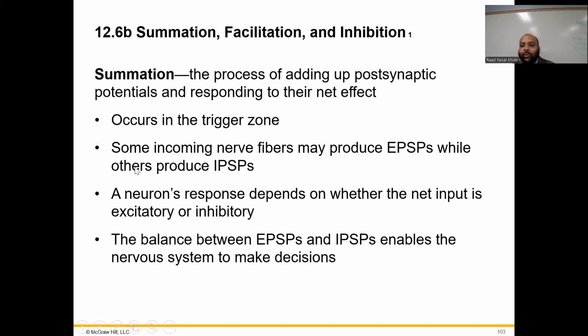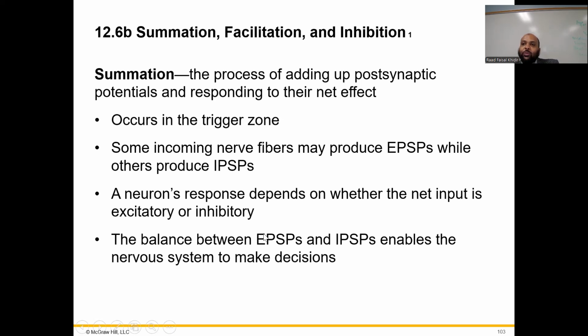So some incoming nerve fibers may produce excitatory postsynaptic potentials, while others produce inhibitory postsynaptic potentials. So a neuron's response depends on whether the net input is excitatory or inhibitory.